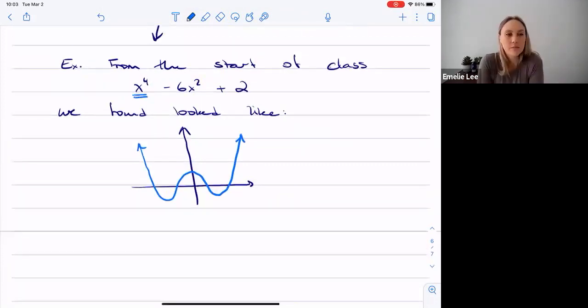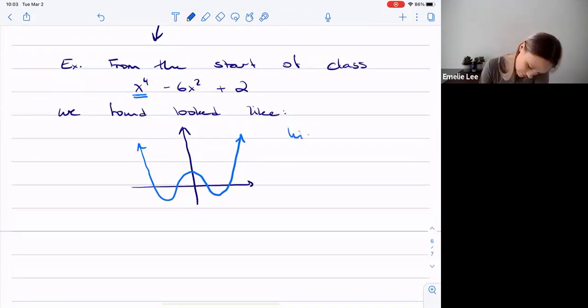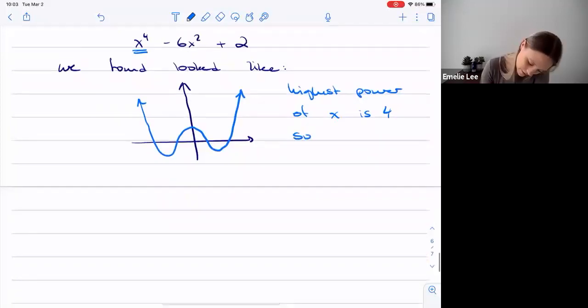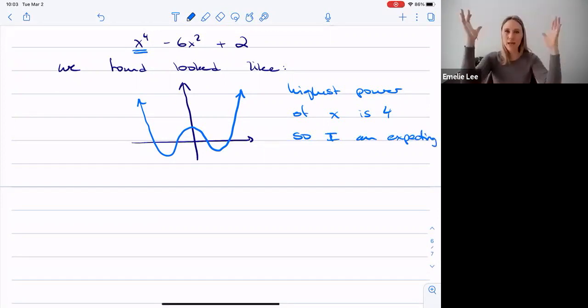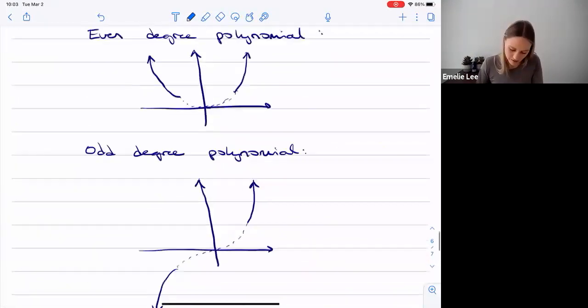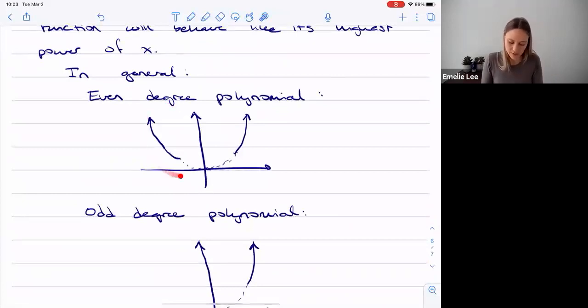And so here, my highest power of x is 4. So I am expecting an overall behavior like a parabola, like an even power of x, right? An even degree polynomial, so I'm expecting it, sorry, this lag is driving me nuts.